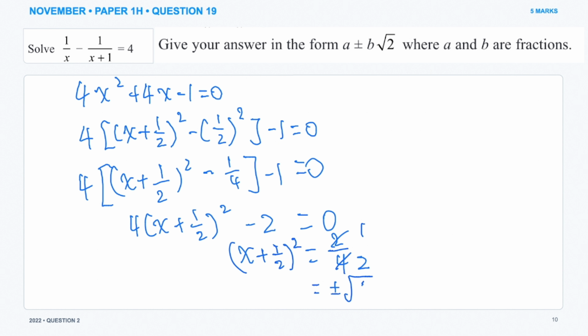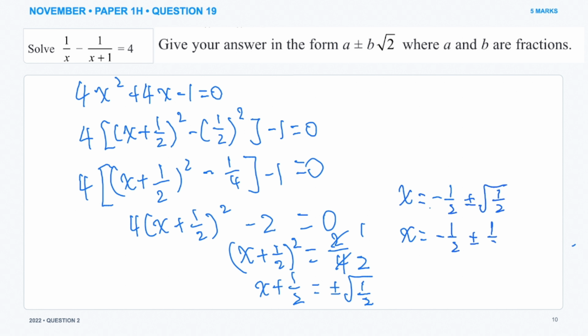Obviously our square root needs to have the add or minus sign. So we're just going to have this part and then x plus a half. We throw it over there, so we're going to have negative a half, add or minus square root of a half. Because the square root of 1 is just 1, we can technically get this out.